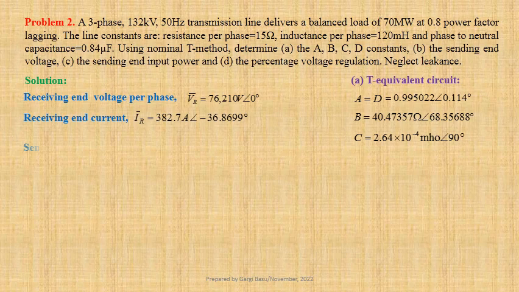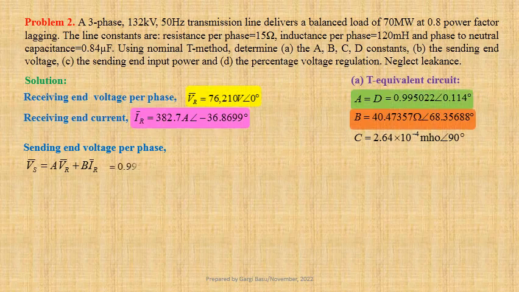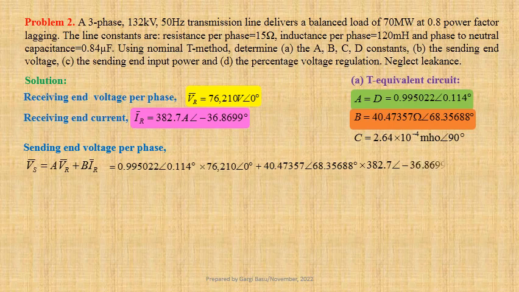Expression for sending end voltage per phase Vs equals A times VR plus B times IR. Using values we get 0.995022 at an angle 0.114 degree into 76,210 at an angle 0 degree plus 40.47357 at an angle 68.35688 degree into 382.7 at an angle minus 36.8699 degree.